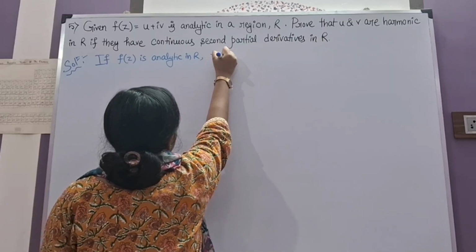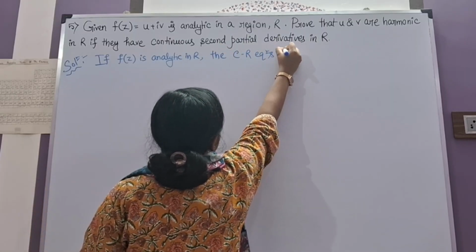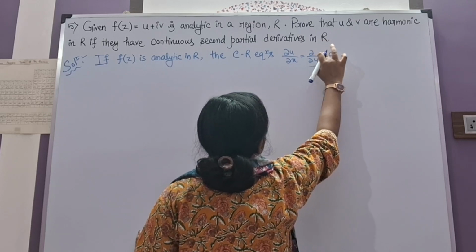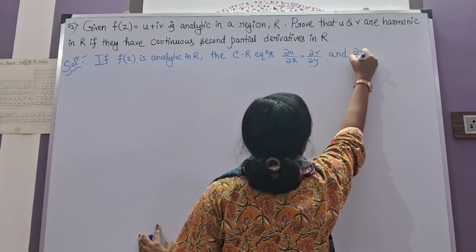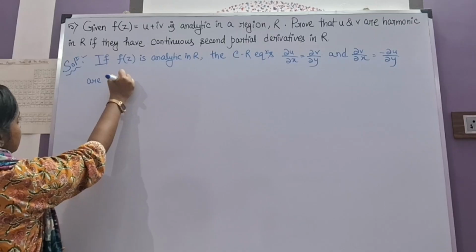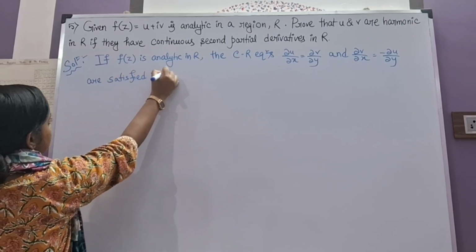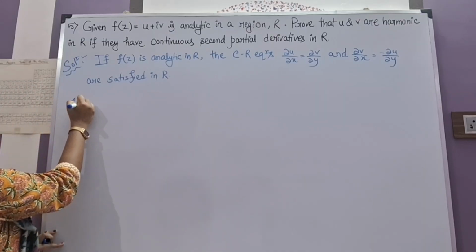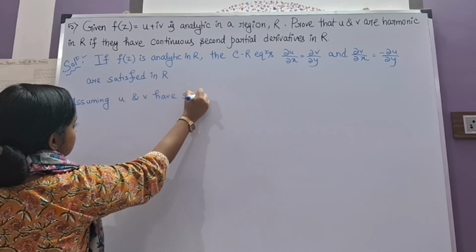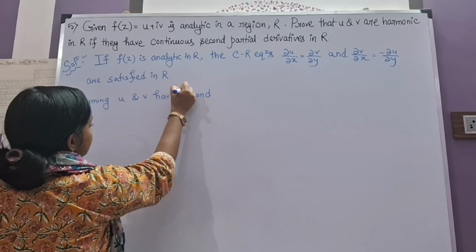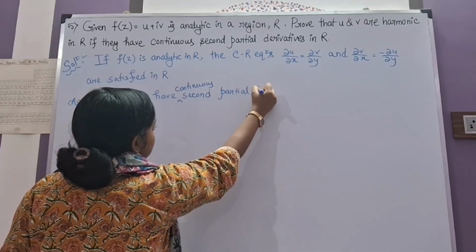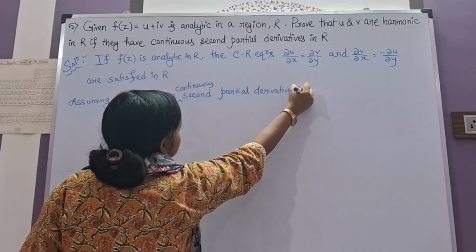We know that the CR equations, that is the Cauchy-Riemann equations, del u del x equals del v del y and del v del x equals minus del u del y, are satisfied in R. Now we are going to assume that u and v have continuous second partial derivatives in R.